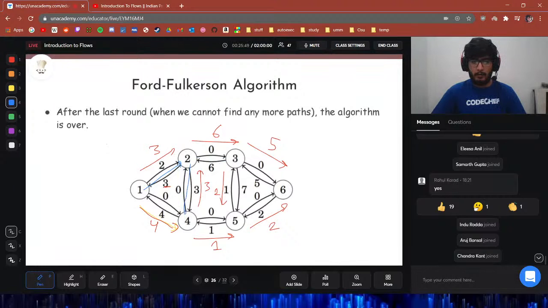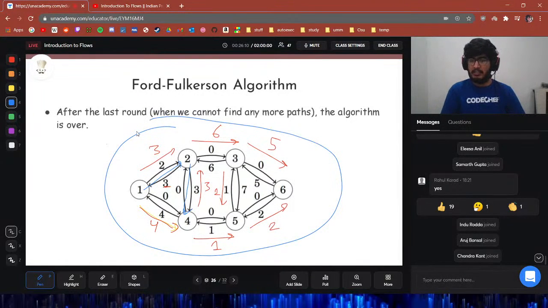I would have to go down. And from 2, I cannot go to 5 because that has weight 0, right? I can only go back to 1, and I wouldn't want to have a cycle here, right? So I wouldn't also go there. So I cannot find any more paths in this graph, right? So this is our final flow structure, and this is going to be our maximum flow of the system.